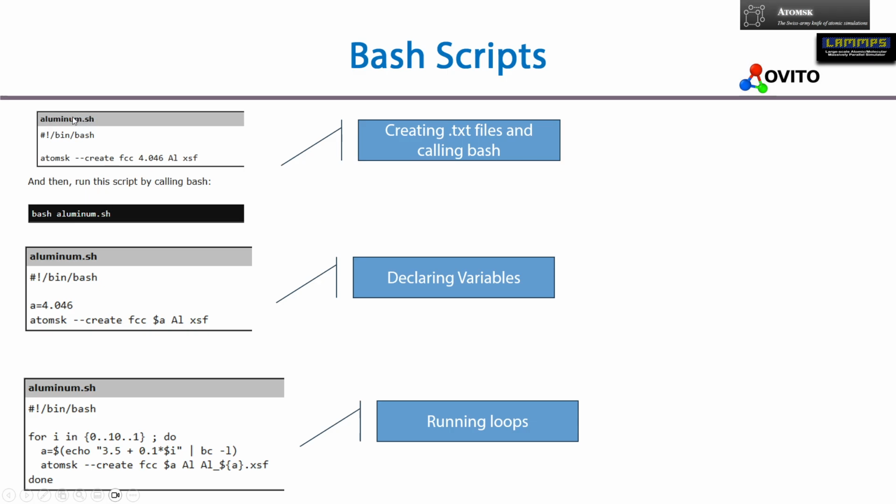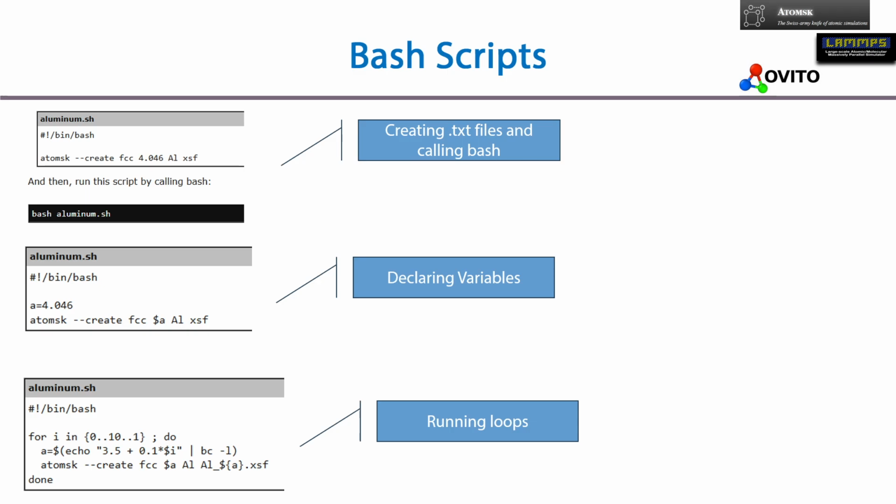Inside the aluminum.sh, you are writing the code for ATOMSK, that is ATOMSK create FCC 4.046 aluminum XSF. When you write this code, it will automatically run ATOMSK and create everything. This is very helpful if you are working with a larger code, or a huge number of configurations. In that case, you do not need to write the ATOMSK commands every time in the shell, in the PowerShell or in the ATOMSK shell.